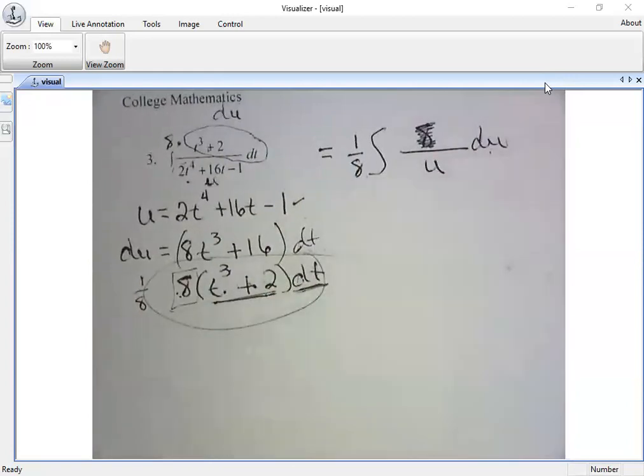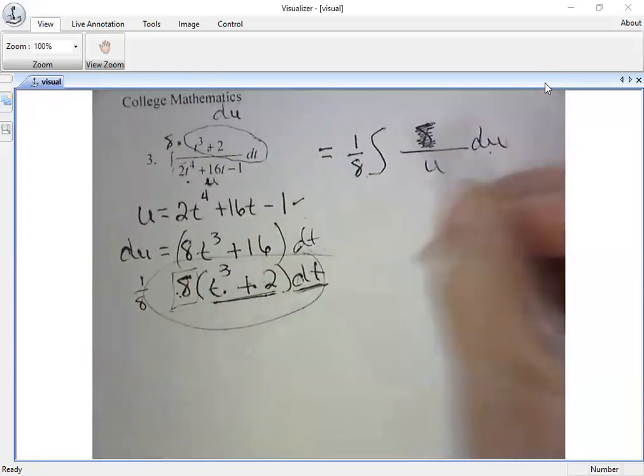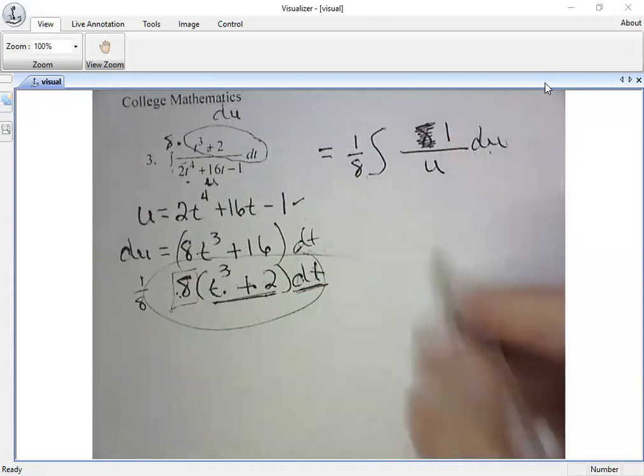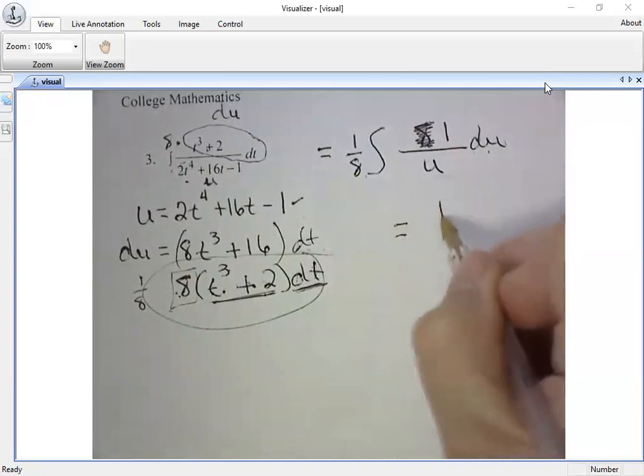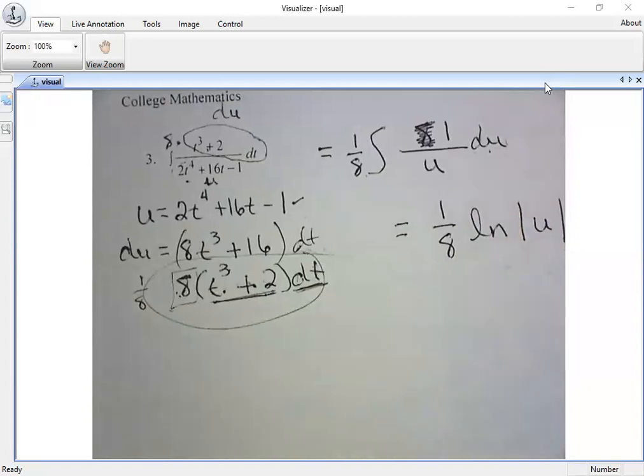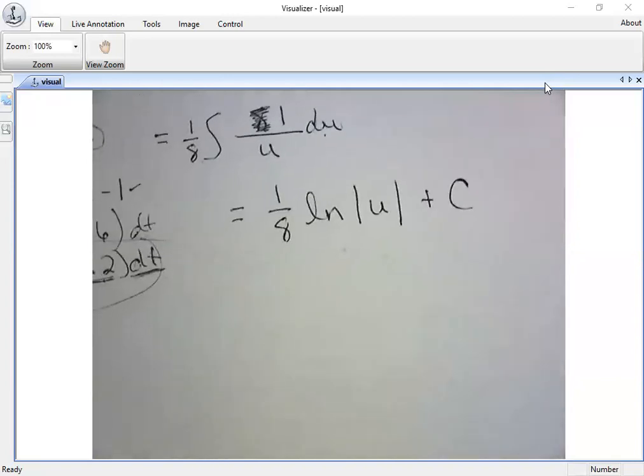So now we're integrating where it's 1/8 and we're integrating 1/u du. I think I know how to integrate 1/u. What is it going to be? Perfect. It is the natural log of the absolute value of u. Now, am I done?